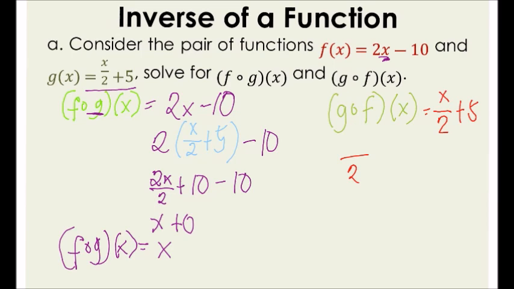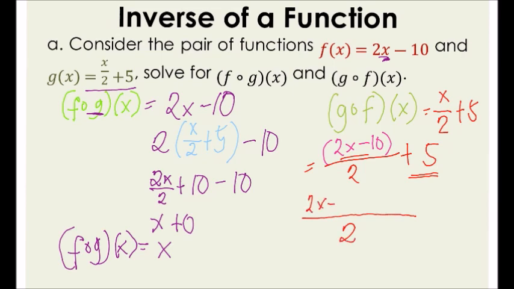So that is 2x minus 10, all over 2, plus 5. So 2x minus 10 over 2, and 2 times 5 is 10, so plus 10.